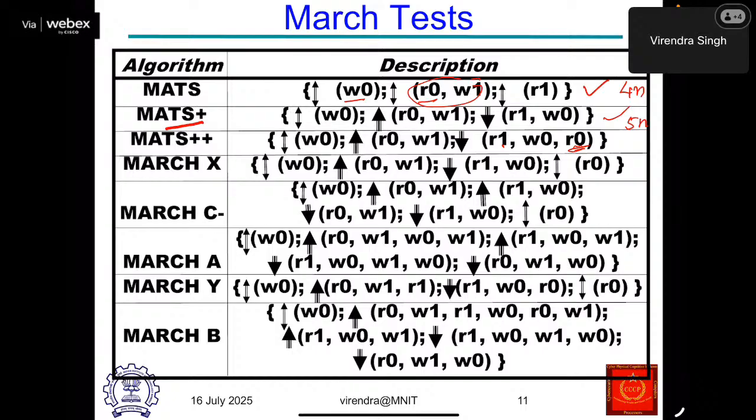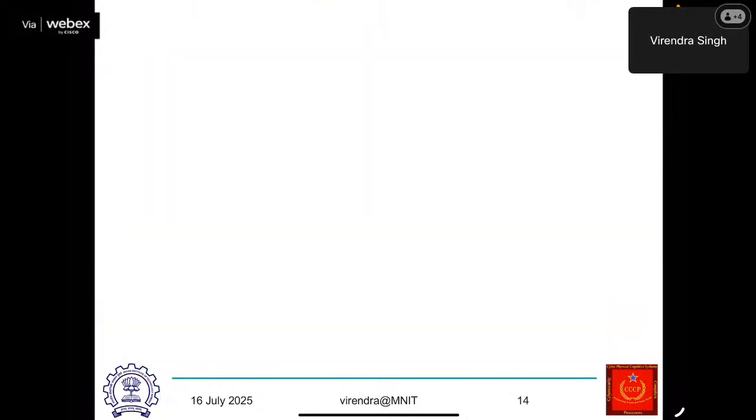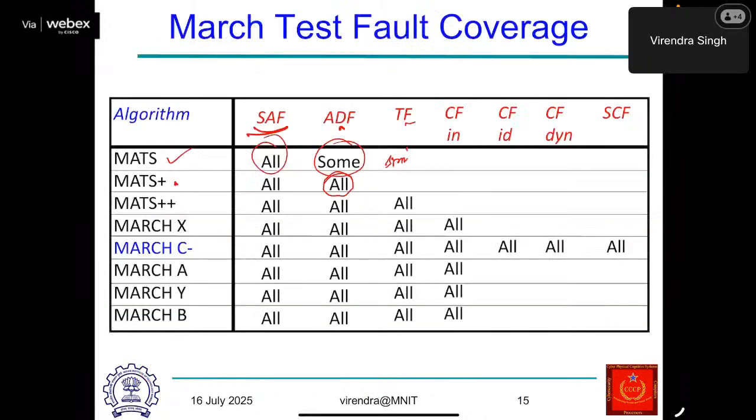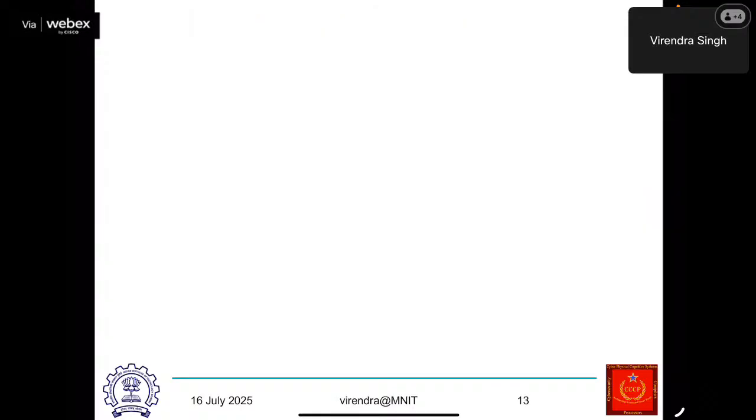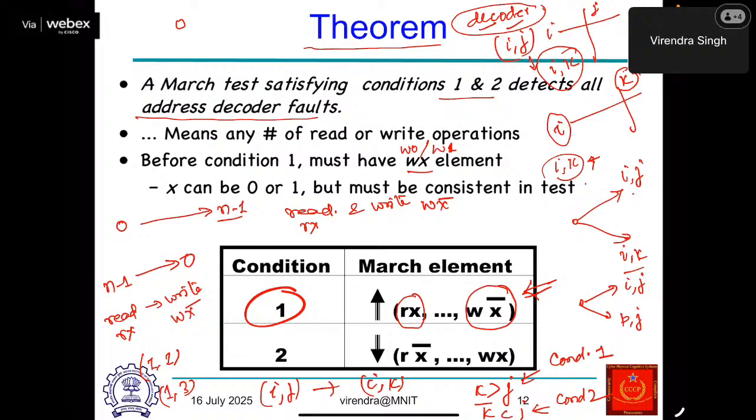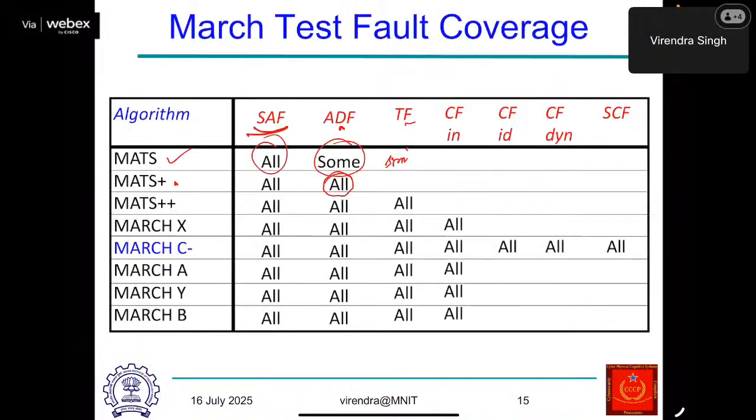This gives you the possibility of testing the other transition fault, that is transiting from 1 to 0. This can also detect whether it can transit from 1 to 0 or not. So that is where it performs.